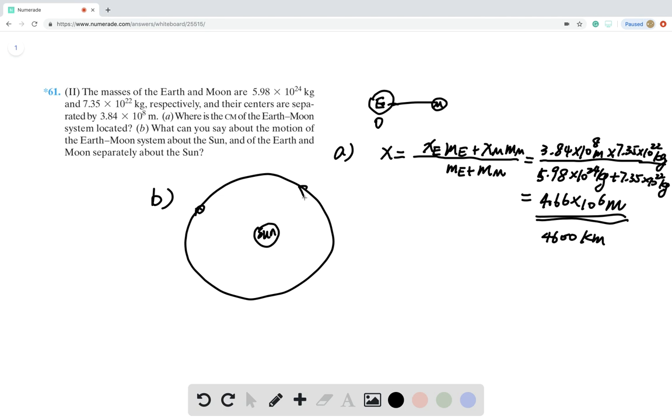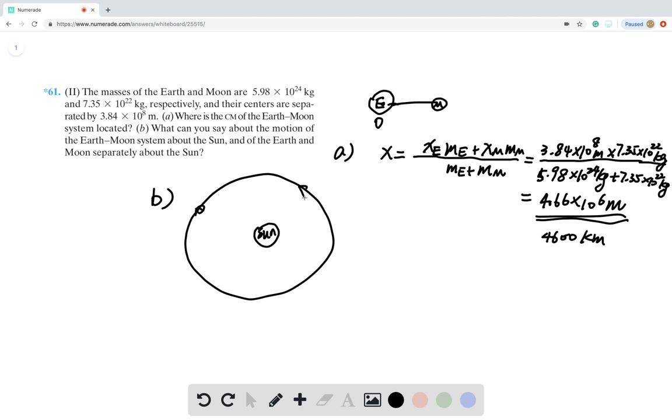But what does differ is the Moon, because the center of mass of the Earth-Moon system is kind of far from the Moon, so you really should be treating the motion of the Moon as a superposition of two different motions. One is the center of mass around the Sun, and the second is the motion of the Moon with respect to the center of mass.